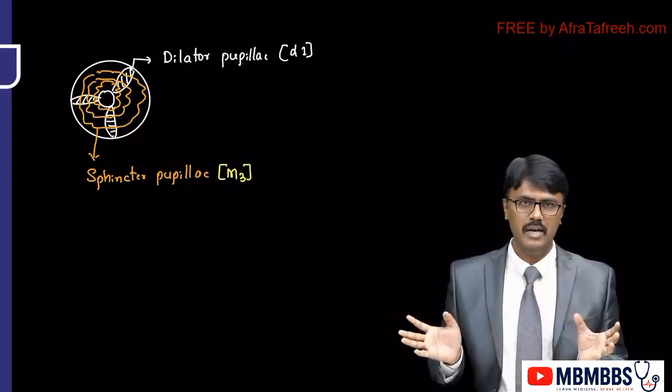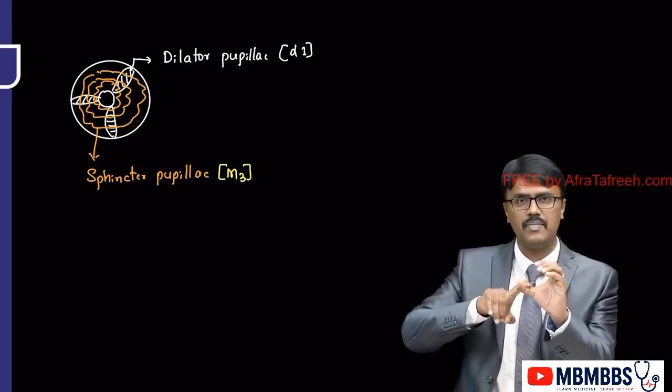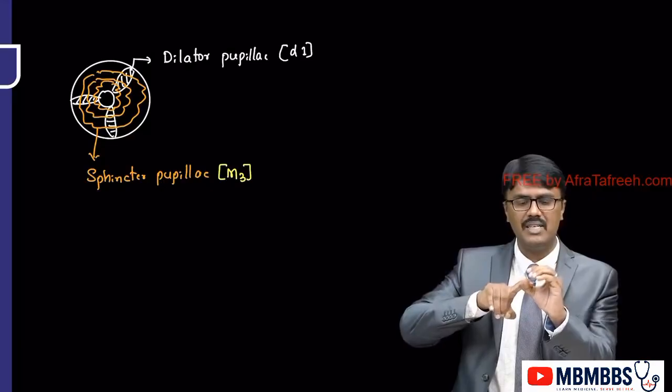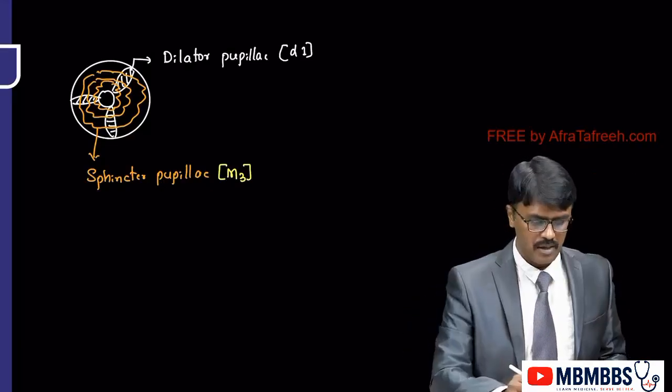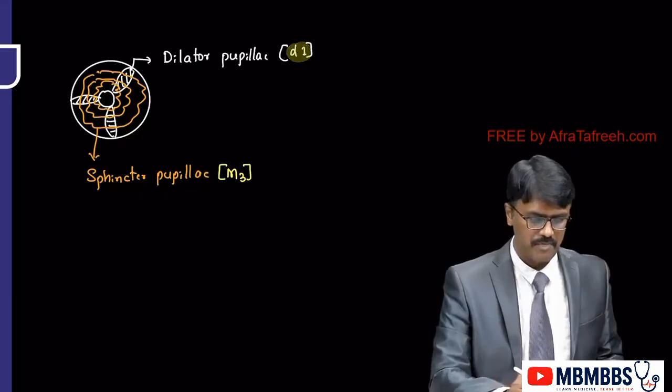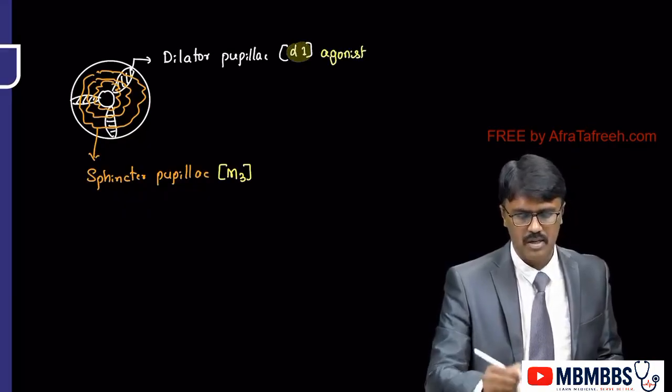Now if I want to dilate the pupil, what should I do? I should make the dilator pupillae stronger. If I want to constrict the pupil, I have to make the constrictor pupillae stronger. How do I do that? By stimulating the receptor. If I stimulate alpha 1, we use drugs called alpha 1 agonists.